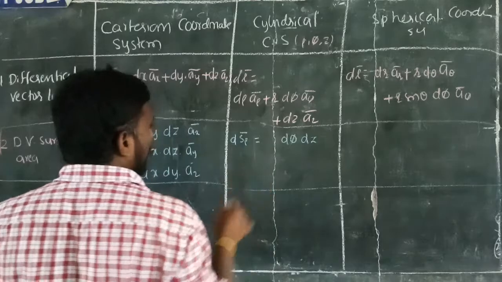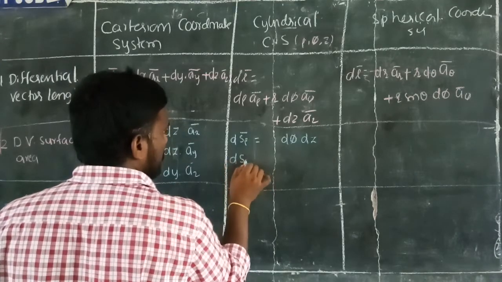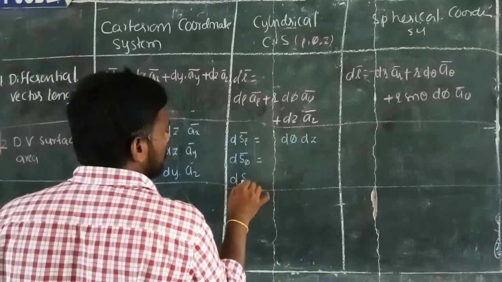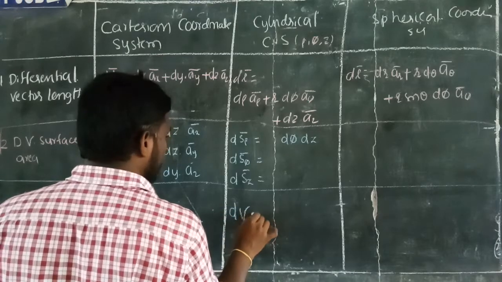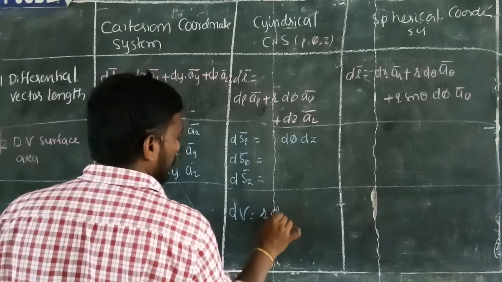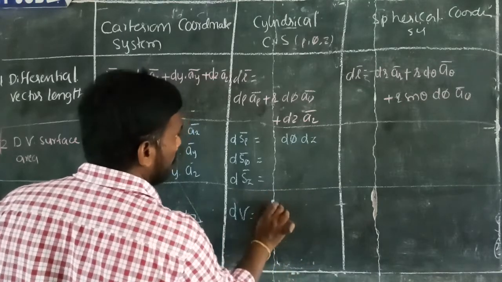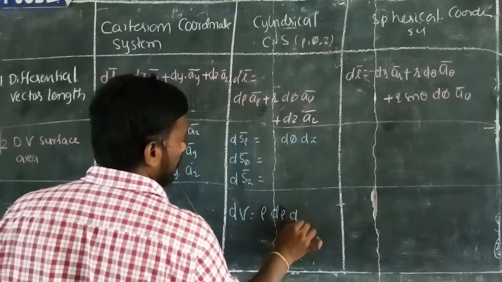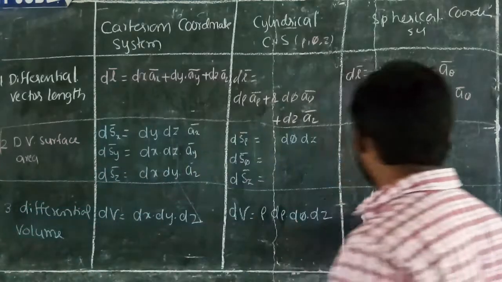Check whether your rho is there or not. Next, ds phi bar and ds z bar, and the differential volume here is rho d rho d phi dz. It is not an r, it is a rho.